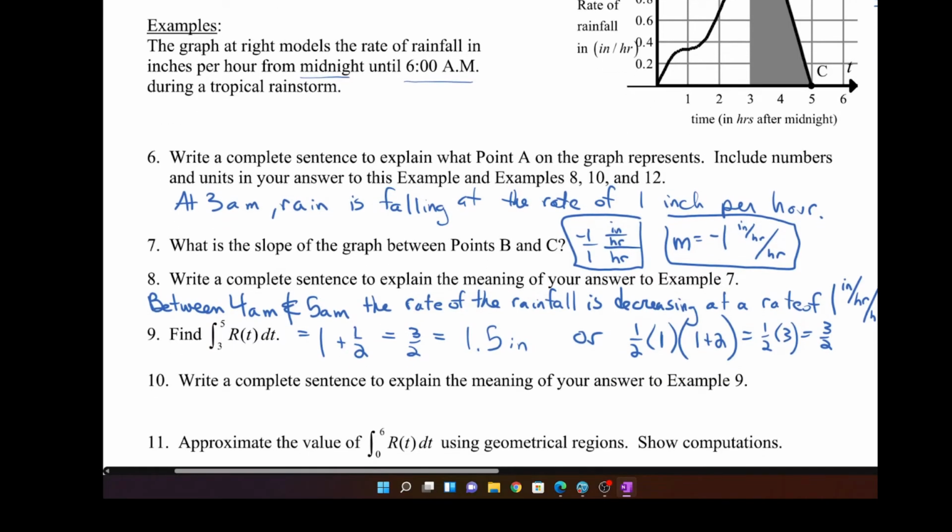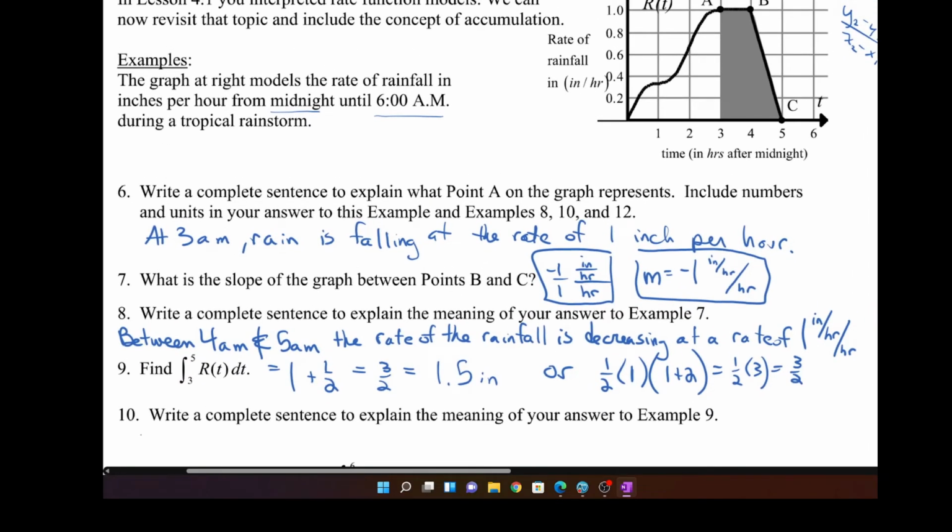Write a sentence, though, to explain what we did. We looked at 3 a.m., and then we looked at 5 a.m., and we did the area under the curve, which should be how much rain is falling altogether. Because we're saying that 1 inch was falling here, 1 inch was, and we're going to add up all of the inches that would have happened.